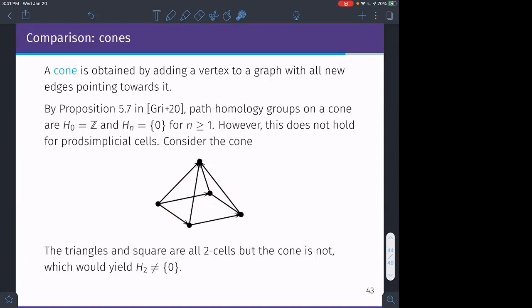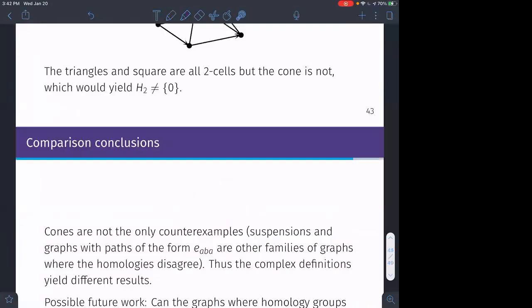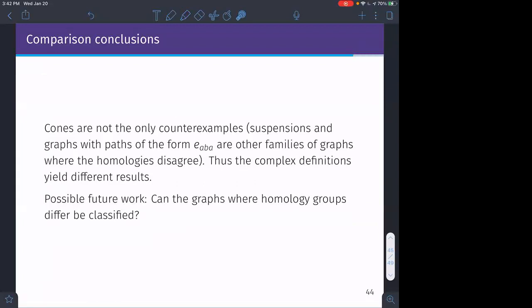But this is not the only example of disagreement. There are things called suspension. So essentially it's like a double cone. If I start with an underlying graph G and then do 2 vertices and I point everything towards those vertices, that's the suspension. Here it also fails. And the other place where it fails is because they start allowing pretty much any kind of path.